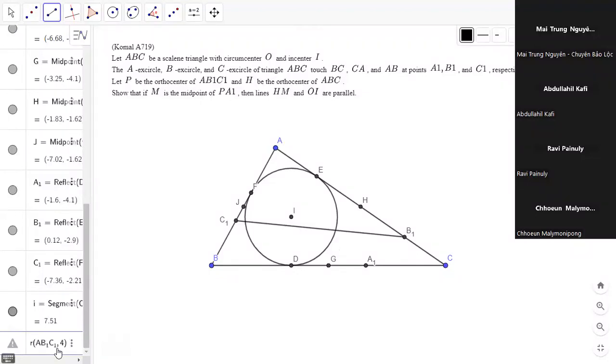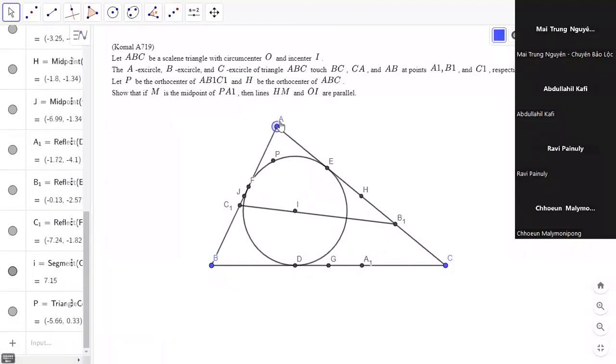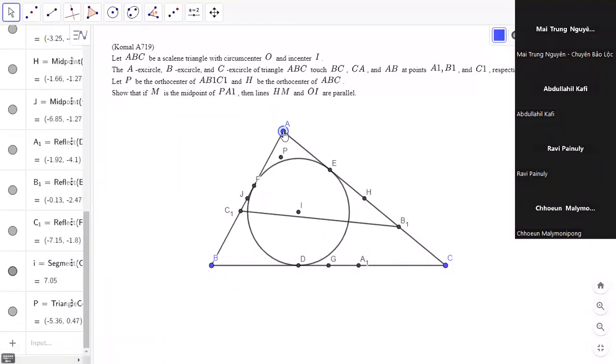Oh, I gotta put commas after each one. Okay. And then M is the midpoint of PA1.